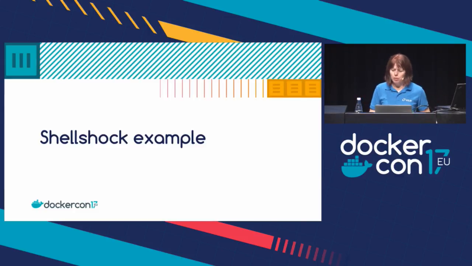So I'm going to show a little bit of an example using the vulnerability called Shellshock, which comes from a few years ago. I imagine some of you will have at least heard of it. Who's heard of Shellshock? Yeah, most of you. Shellshock was a vulnerability in Bash, where if Bash was evaluating environment variables, it could end up also executing arbitrary code, even if you didn't really intend it to do that.